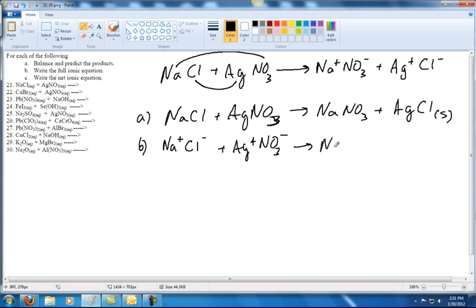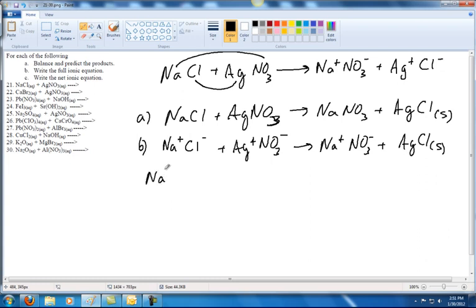The NaNO3 would be Na plus, NO3 minus. And the AgCl does not split into ions because it's a solid. So any time it's a solid, just leave it the way it is and don't try and split it into ions.